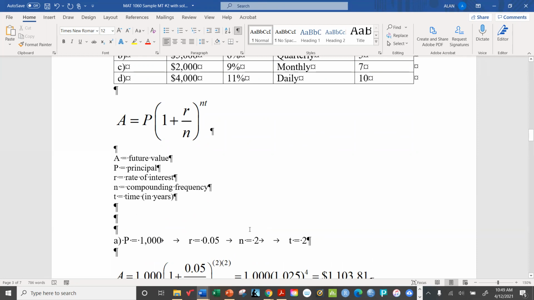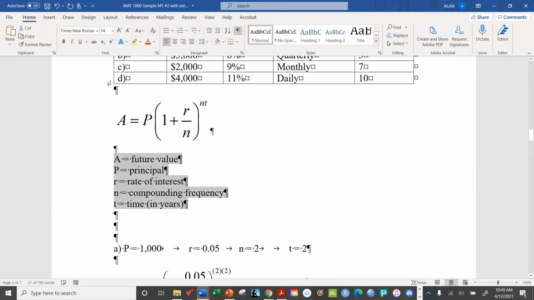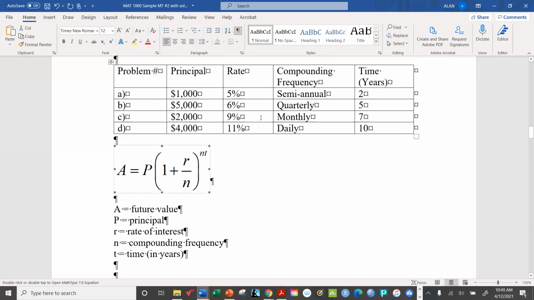So this is our formula for calculating future value when there's potentially at least compound interest involved. All right, and you can actually use this in any case. I mean, even if it's simple interest only, you can still use this formula, but N will be equal to 1. Anyway, so for the first case, let's see, I'm going to split the screen so that we can see the table at all times.